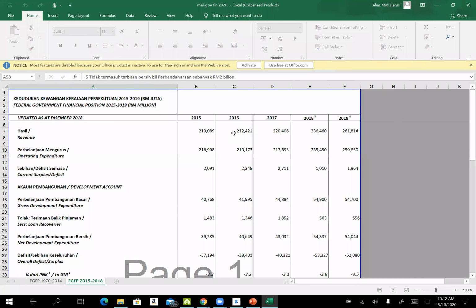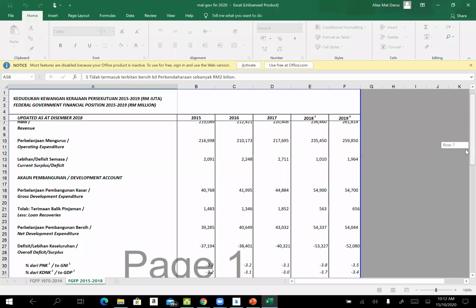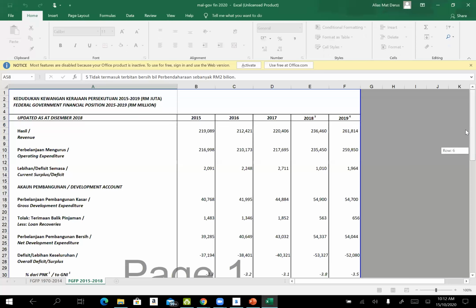Okay, this is for the years 15, 16, 17, 18, 19. And you will see this is the federal government financial position. In other words, the government finance for these years. The first row is the revenue. And now this revenue will come from the sources I just stated earlier, different sources.